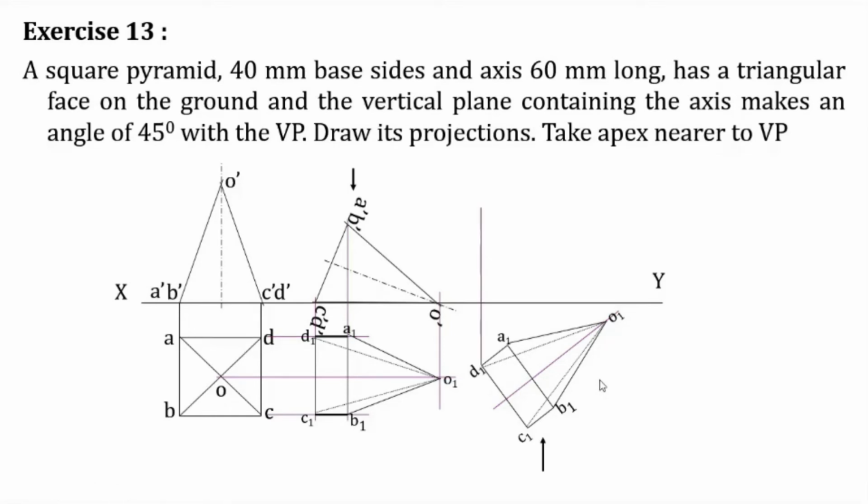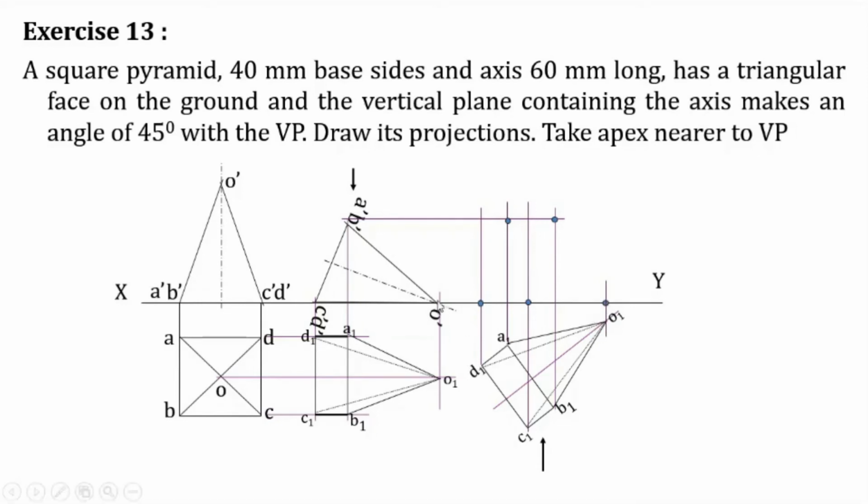So then this is the top view, and you go for the front view. Projecting all the points: A1 to top, then A dash will be this point, B1 to top, B1 dash will be here, C1 to top, C1 dash will be here, D1 to top, D1 dash will be here, and O dash will be here, from O1 to the projector to the XY line.